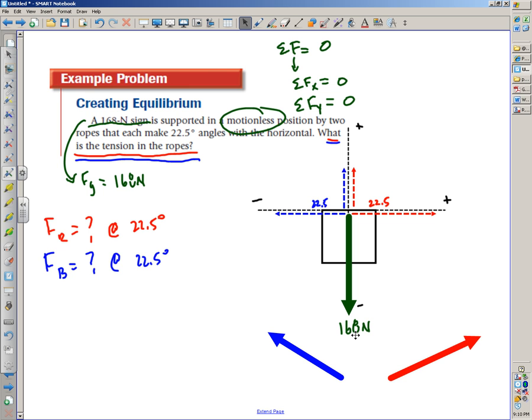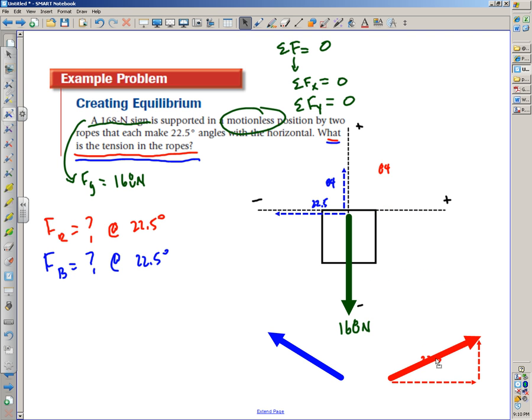So if we take 168 and divide it by 2, we get 84. And that means that this one's 84, and that also means that this one's 84. What does that do for us? Well, remember, this component can be made as part of a big triangle, just like this.